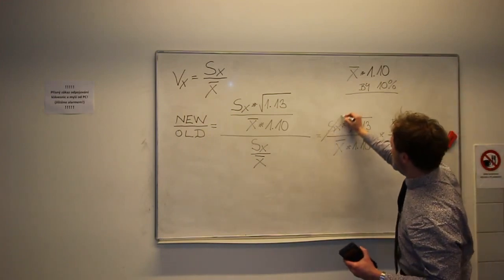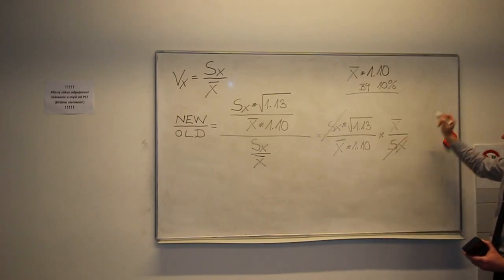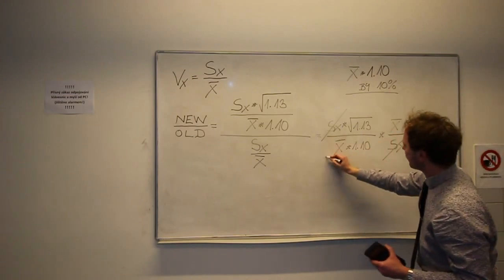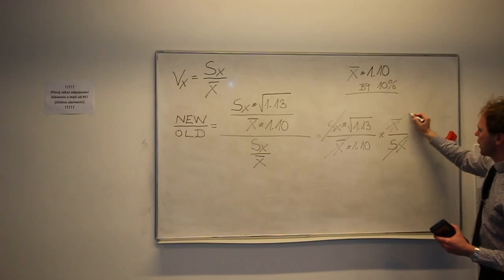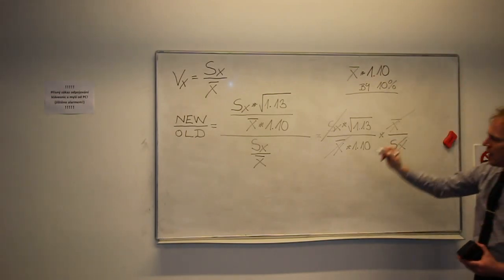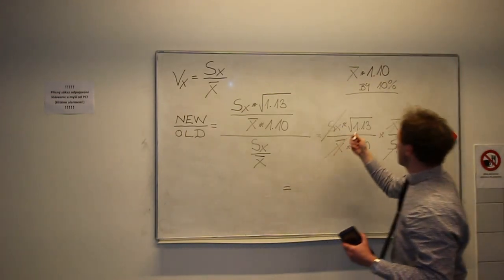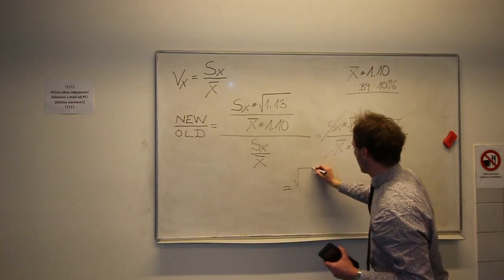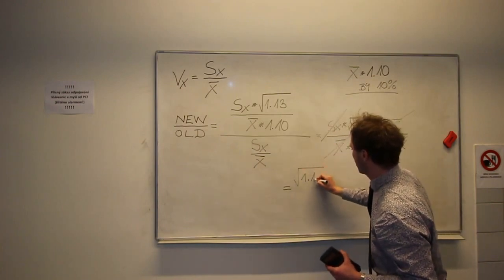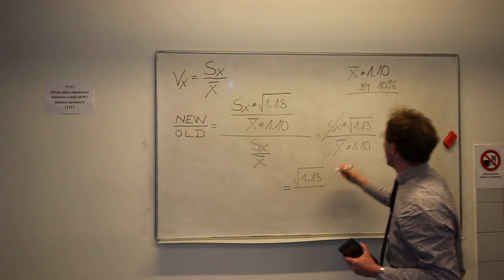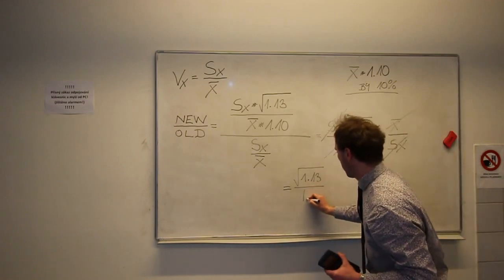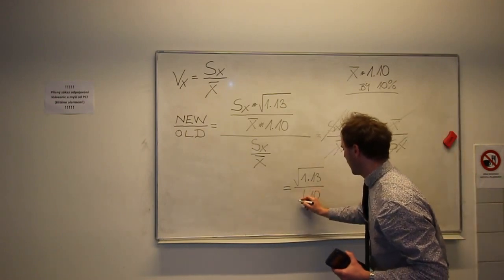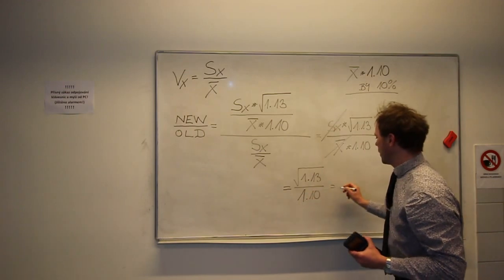This deviation can be crossed with this deviation, this mean with this mean, and the result is a simple ratio: the square root of 1.13 and 1.10.